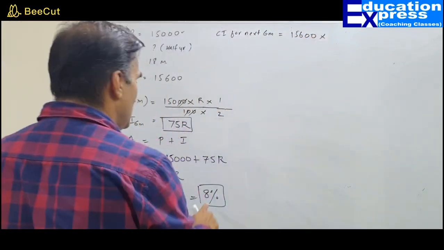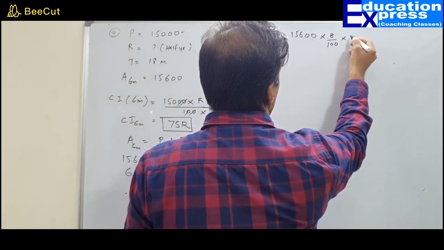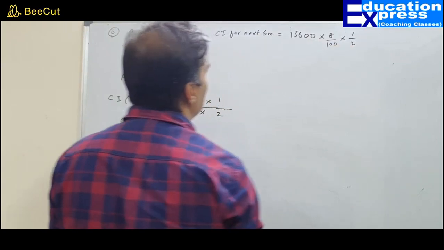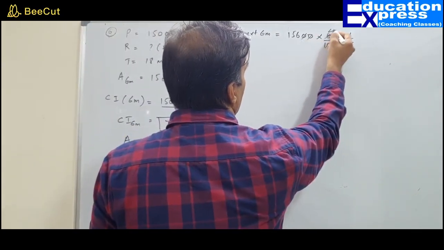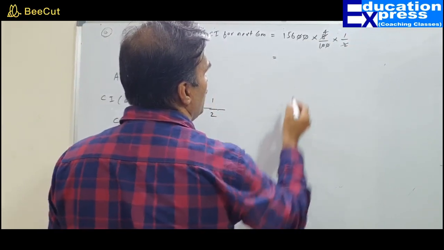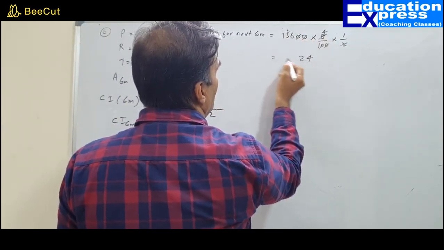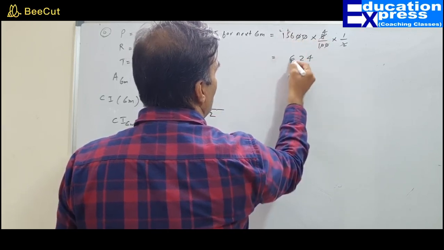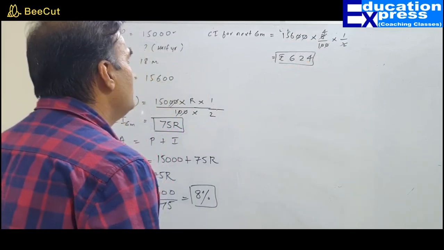What rate? Sir, 8%. How much? Sir, 6 months, so we will take half. Half year is 6 months. 0 cancel 0, 0 cancel 0, 2 ones are, 2 fours are. Sir, the interest amount will be 624. Sir, the interest would be 624.